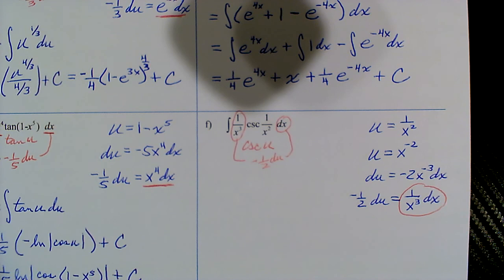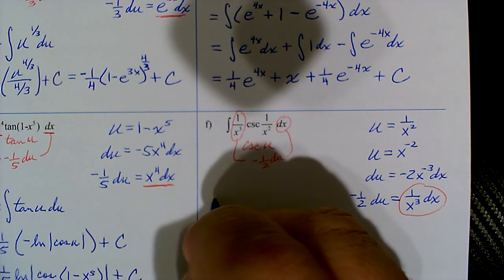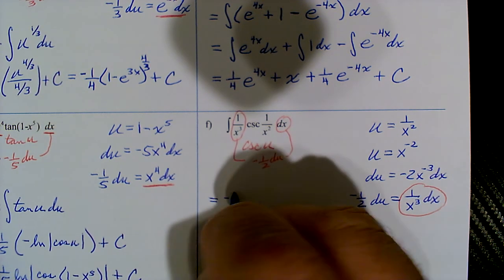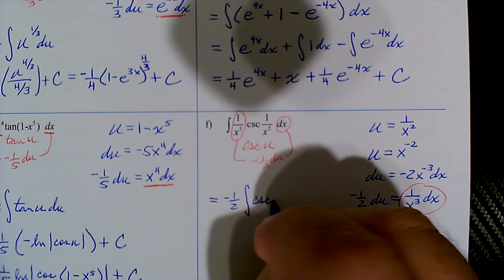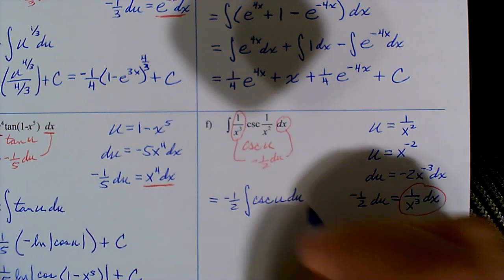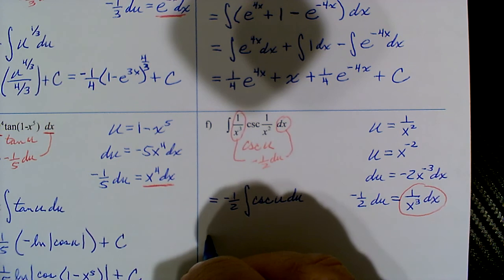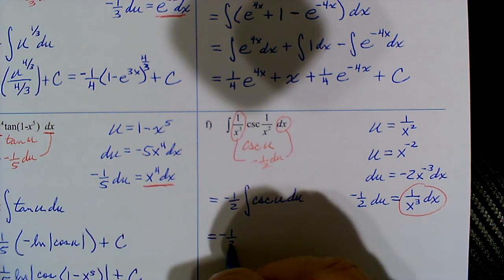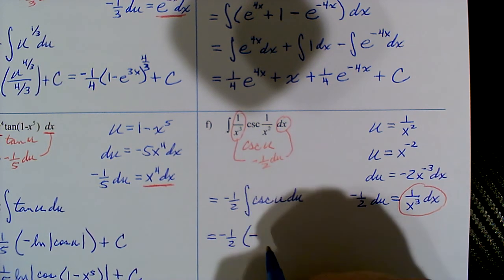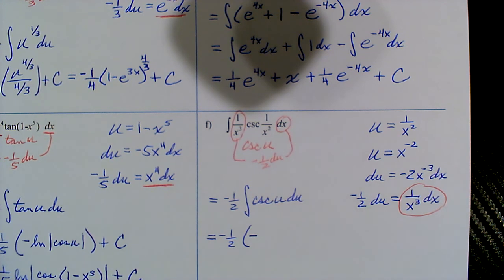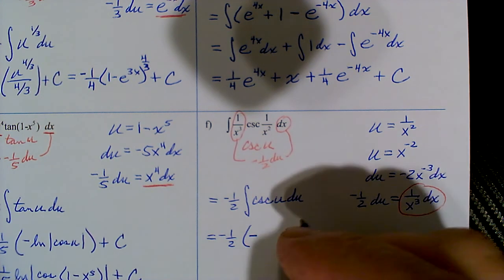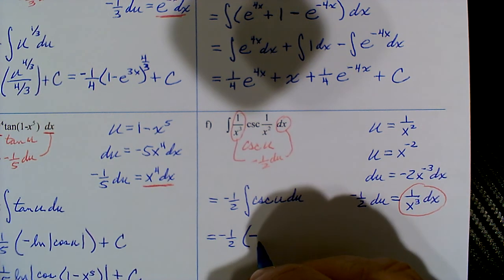So all factors are accounted for. We're ready for the change of variables. Bring out the negative 1/2. And upon the change of variables, we have the basic formula for cosecant of u with respect to u. And cosecant integrates to be, reference the formulas. We'll look back at the notes that I just provided.